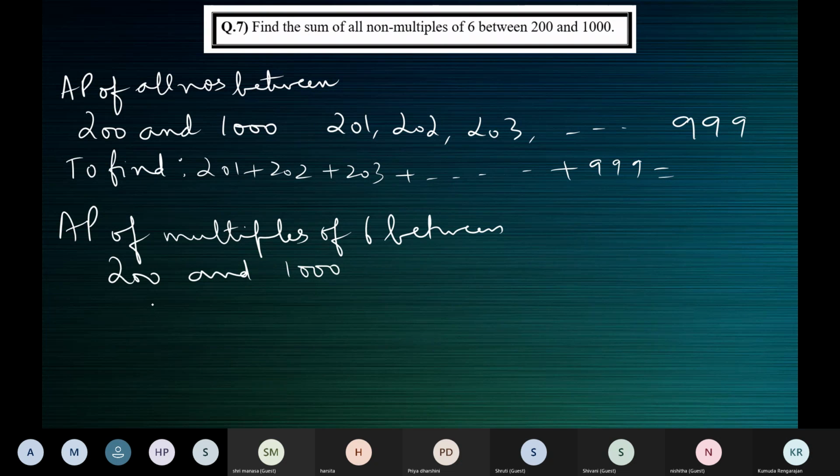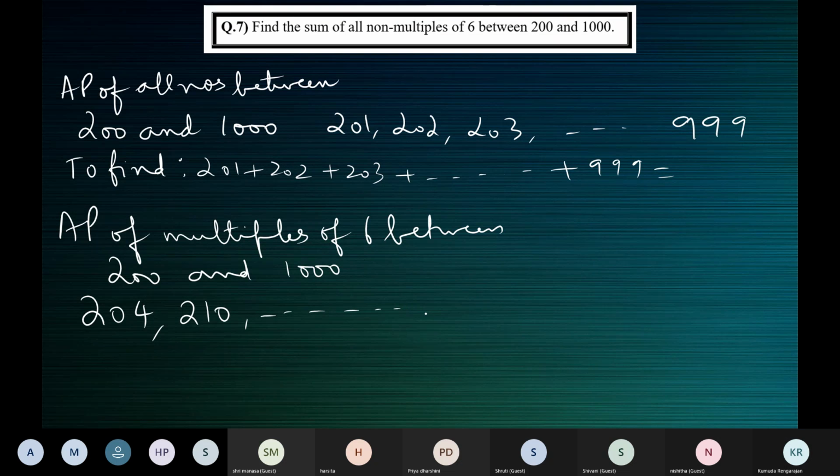No, ma'am, 204. 204, correct? Yes, ma'am. 204 is the first number, right?